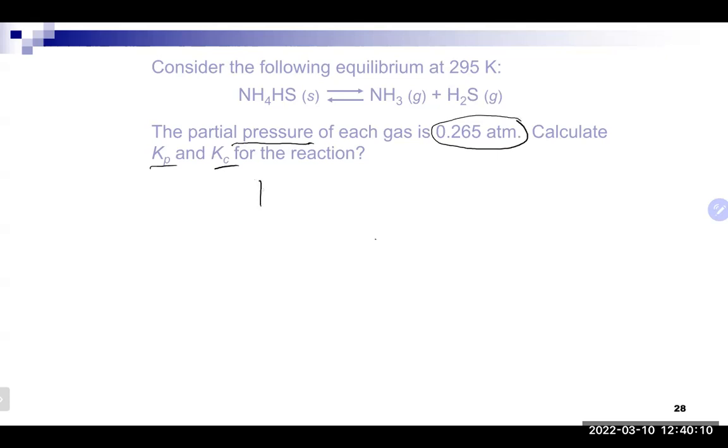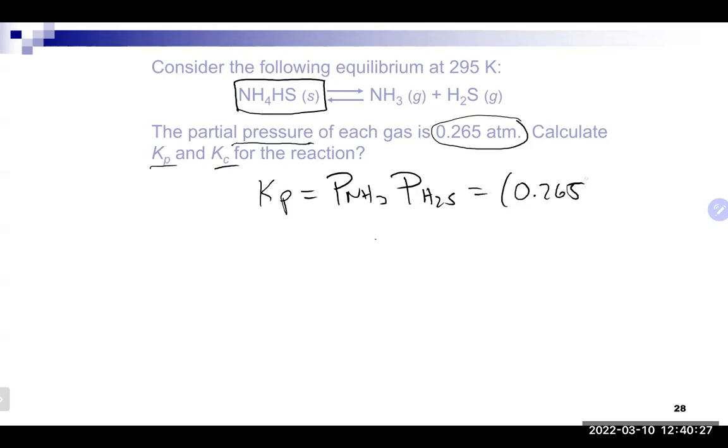Our Kp expression in this case would be the partial pressure of NH3 times the partial pressure of H2S. And do I include this guy? I do not. Again, it's a solid, so that would be it, which means basically that's going to be 0.265 squared.